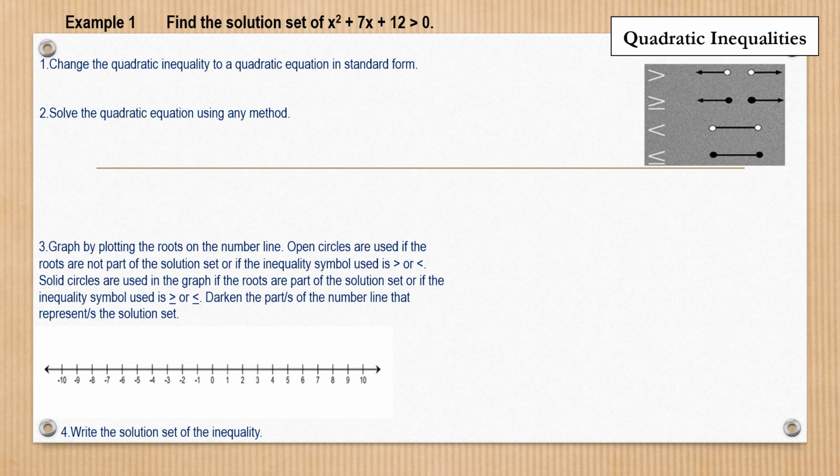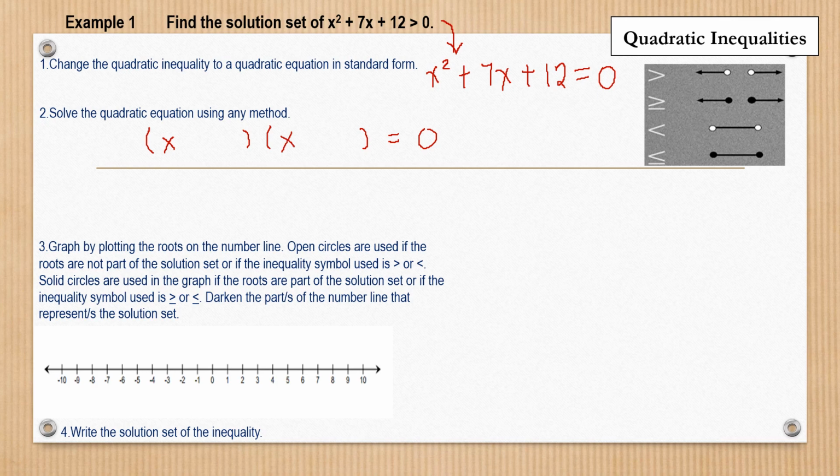So we have x squared plus 7x plus 12 is equal to 0. Step 2, solve the quadratic equation using any method. So let's say we use factoring to solve the given quadratic equation.